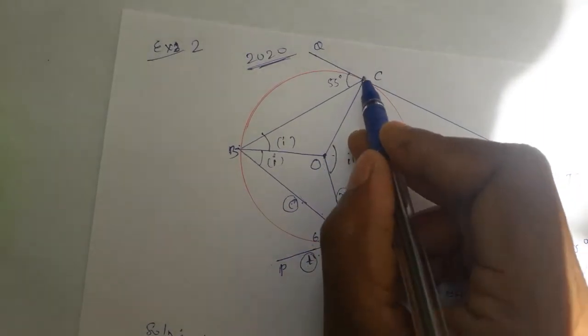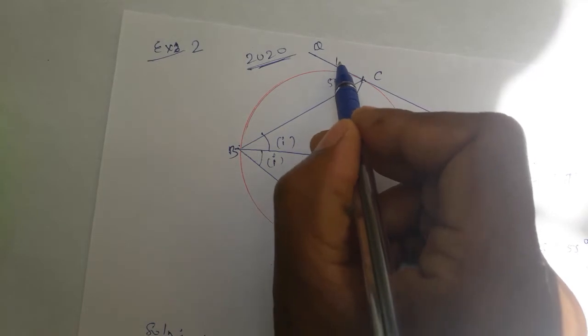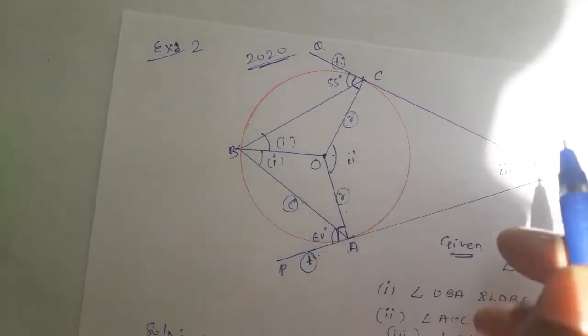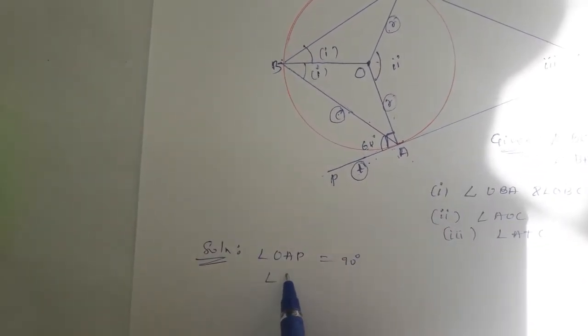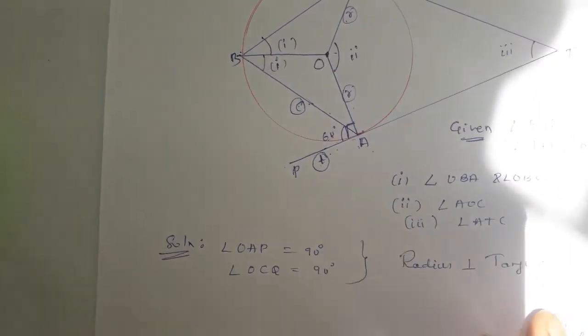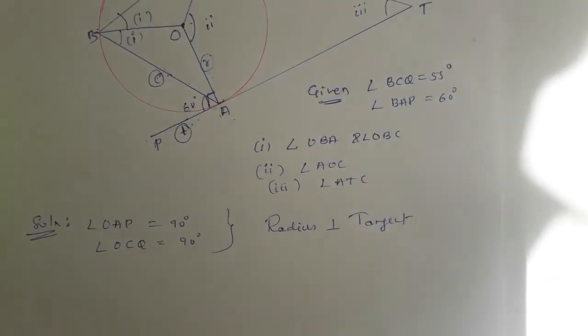Similarly, angle OCQ is also 90 degree. OC is the radius, QC is the tangent, so angle OCQ is equal to 90 degree. The reason is radius perpendicular to tangent. Like that you can write the reason.